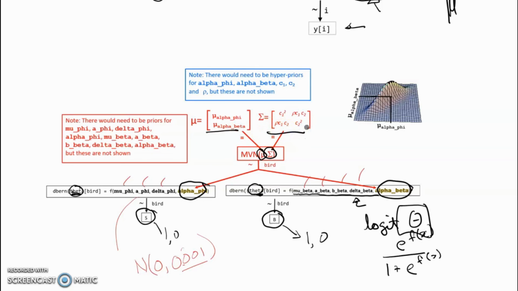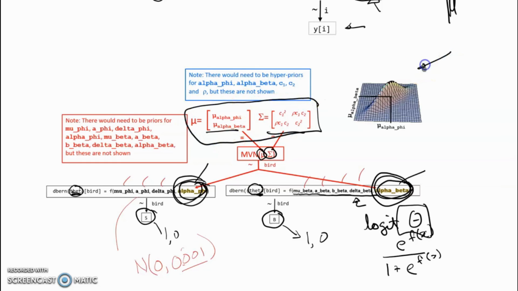Perhaps the best way to think about these alpha and betas is that alpha beta is breeding ability, alpha phi is survival ability, in much the same way that in our batting example, we had players' batting ability. The priors for alpha beta and alpha phi are shown numerically here. They're shown graphically here. So this would be the prior. We've got some sort of a mean for survival, a mean for breeding.